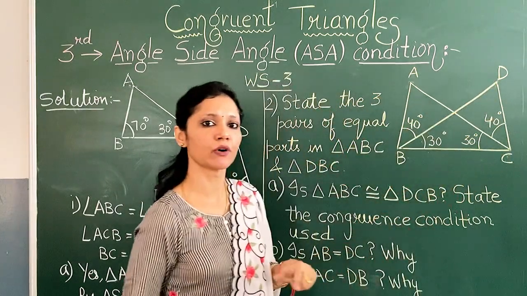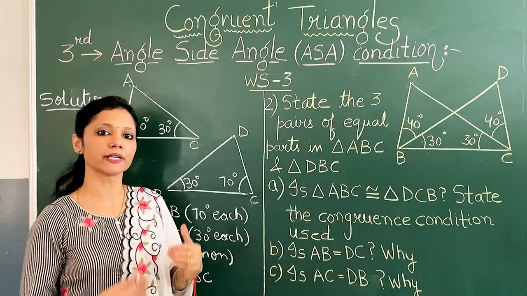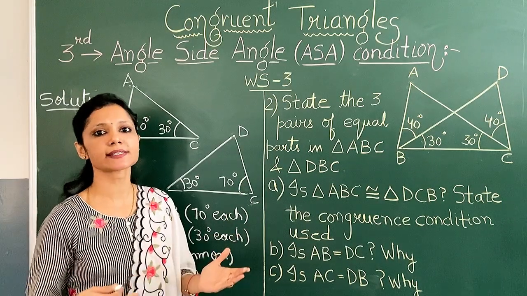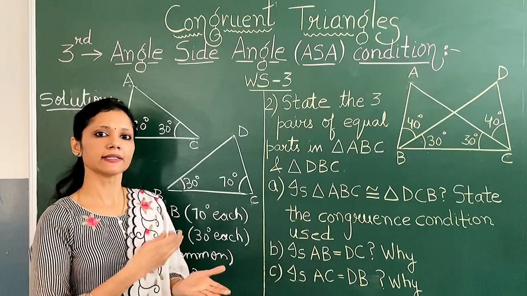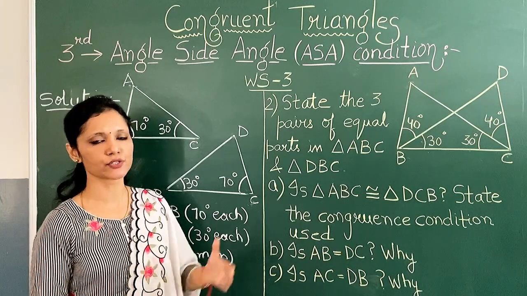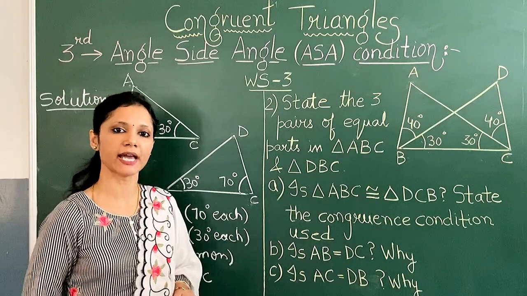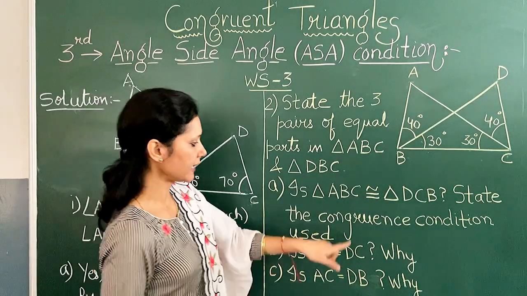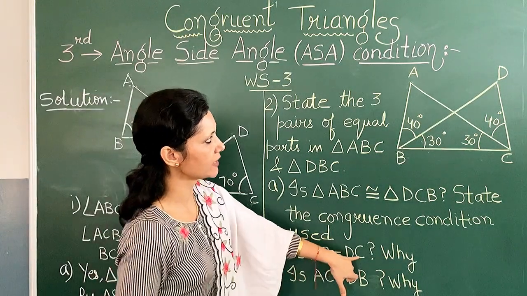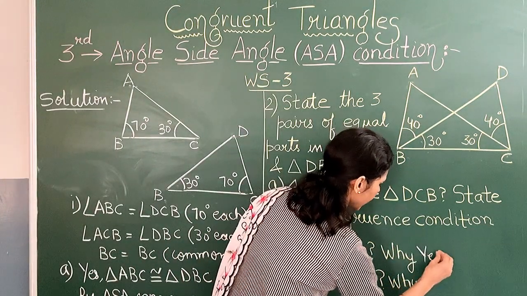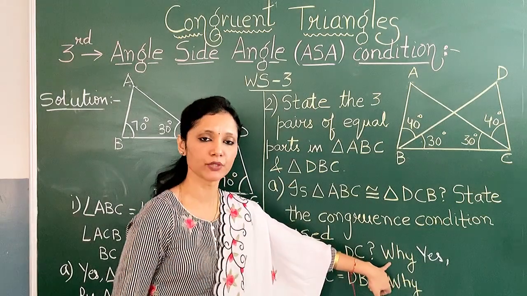Now children, as I already told you before, once you prove that two triangles are congruent, automatically all the 6 conditions are satisfied, that the 3 sides and the 3 angles of one triangle are proved to be equal to the 3 sides and 3 angles of the other triangle. That means we can say AB is equal to DC. So the answer of this is yes, and we have to give the reason also.